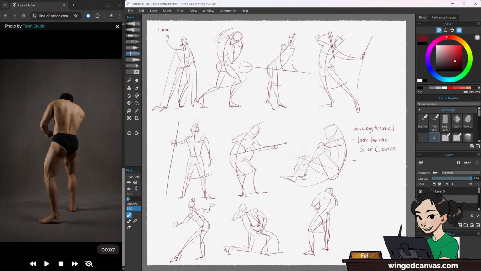If you go right into boxes, that's not good. You're missing out on all the flow and all the rhythm, all the beauty of the energy. So spend like 30 seconds just to capture those curves, and then go into the nitty gritty.